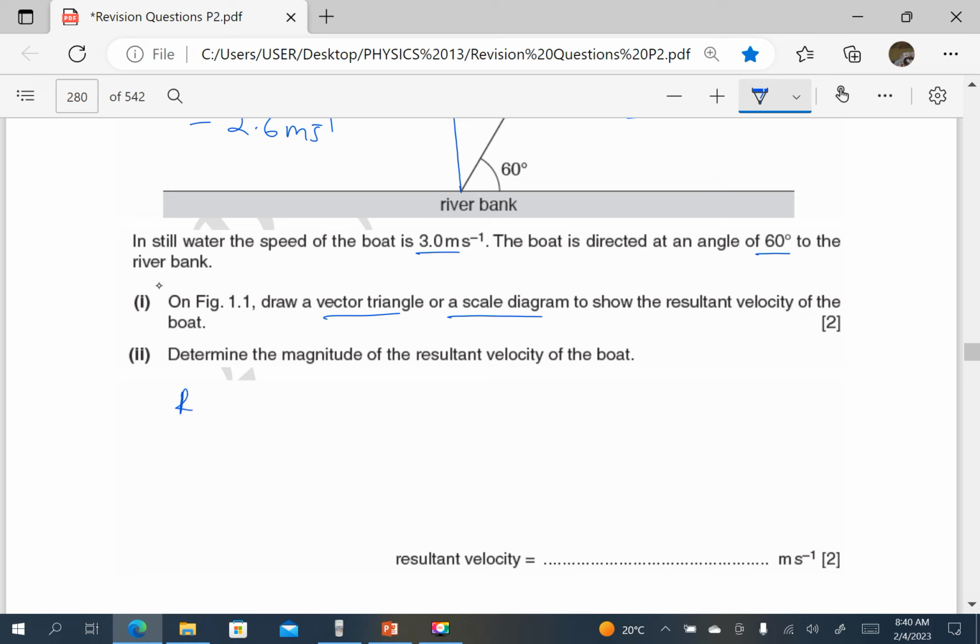So we have r squared is equal to 3 squared plus 1.8 squared minus 2 times 3 times 1.8 cos of the angle between them after joining them head to tail, which is cos of 60.